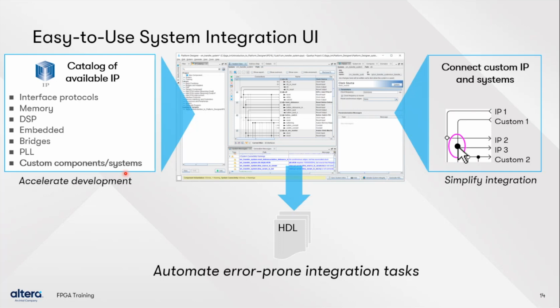For example, if you've developed a system that includes a Nios processor and its supporting peripheral components, and you use that in multiple projects, you can package that up as its own subsystem and then bring that into any future projects going forward. So you don't have to redesign or redevelop the processor subsystem that you already created.